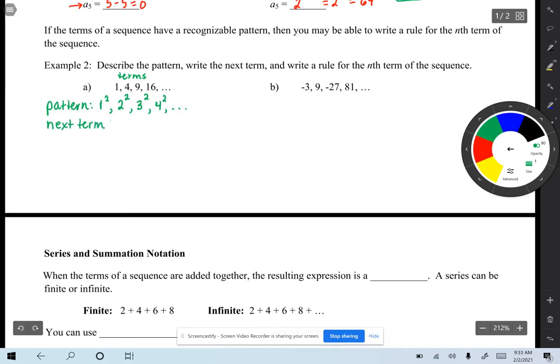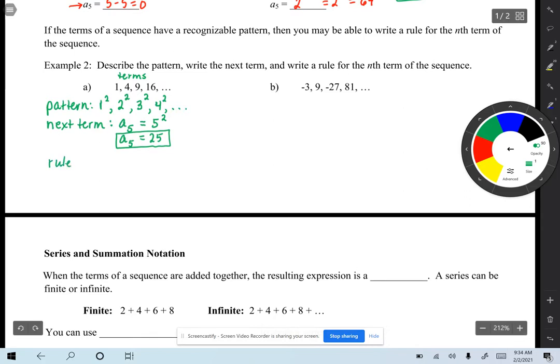The next term will be your fifth term. Proper notation for the fifth term, the position number should be your subscript. So the fifth term will be equal to 5 to the second power, which is 25. And finally, the rule for the nth term.